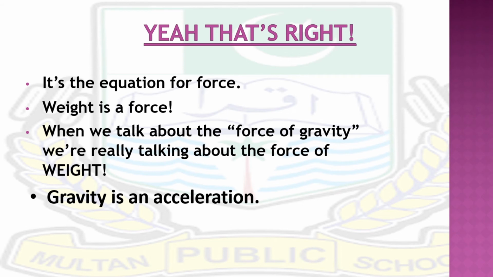It's the equation of force, and weight is a force. So when we talk about the force of gravity, we are really talking about the force of weight. So gravity is an acceleration.